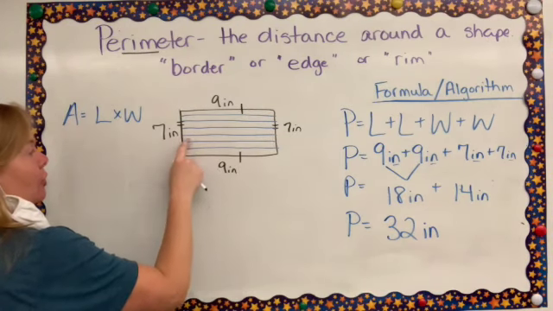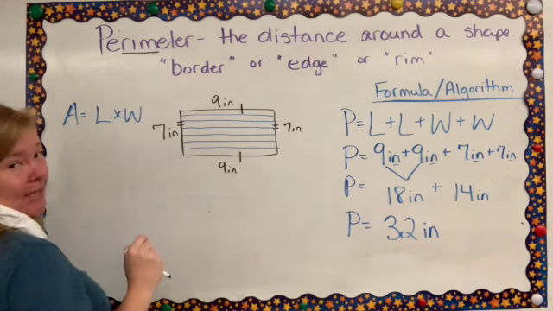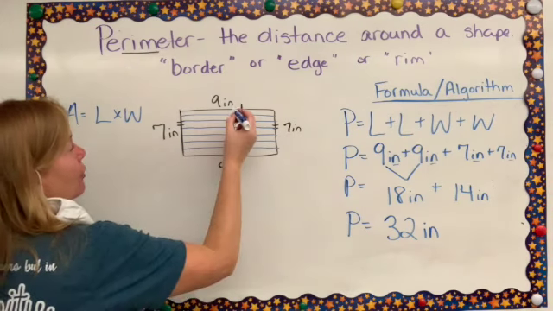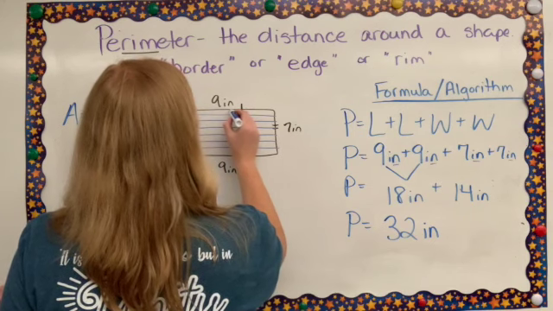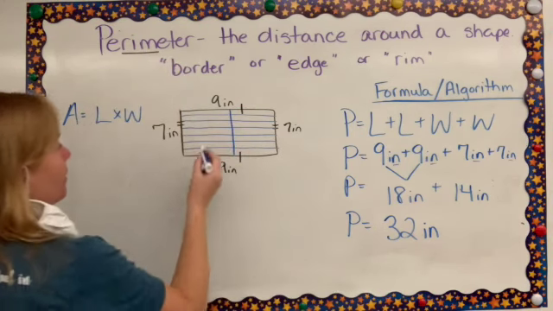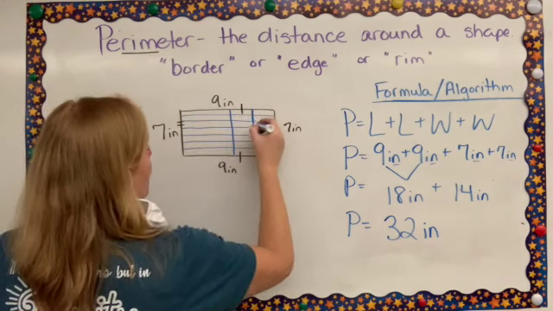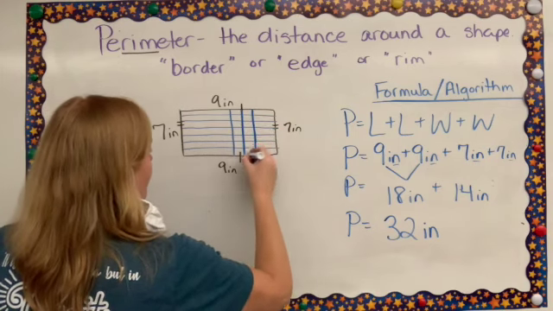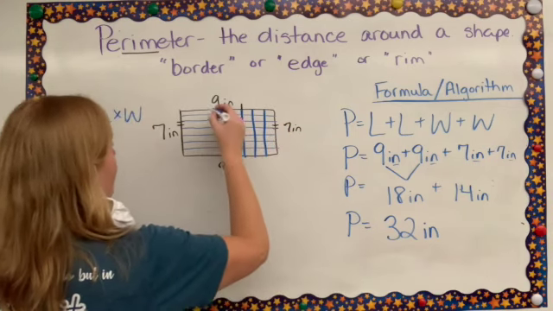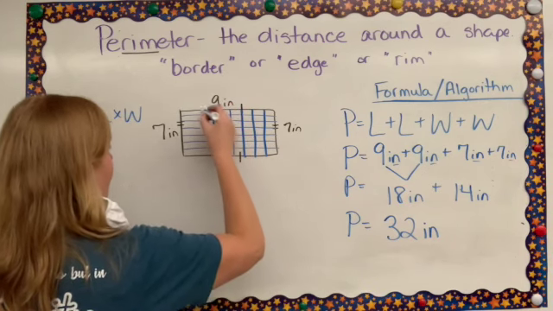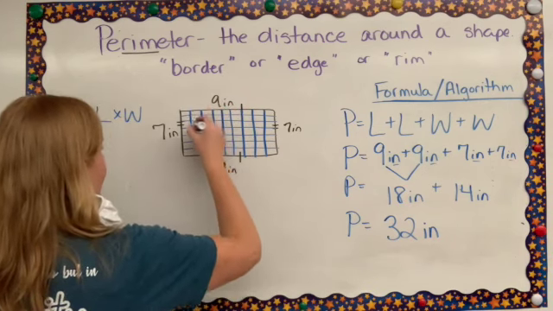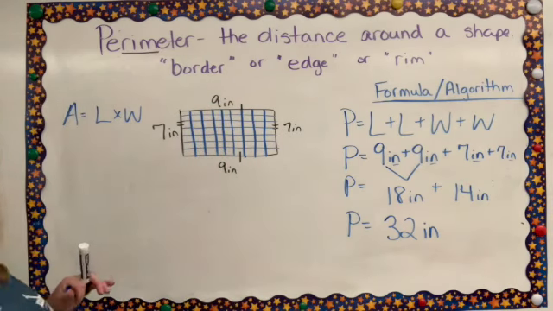So first 1, 2, 3, 4, 5, 6, 7. I always count to make sure I'm right. 7 rows and then 9 columns. Neither one of these is an even number, so I can't cut it in the middle. So I need 5 and 4. It's not perfect, but it'll do.